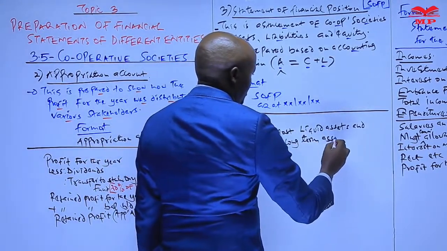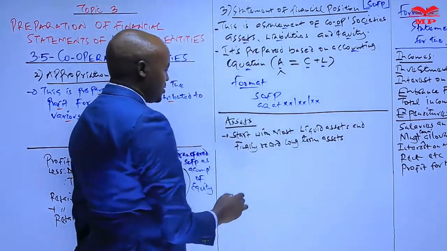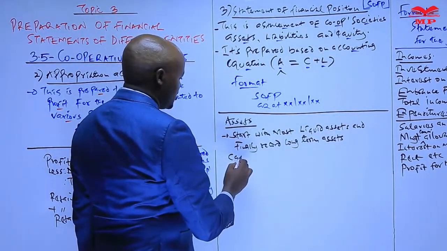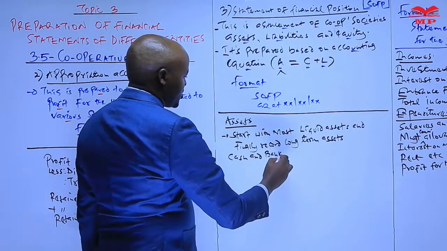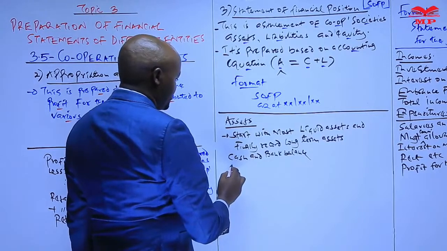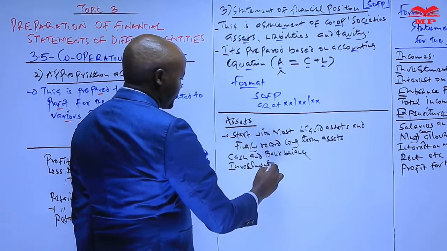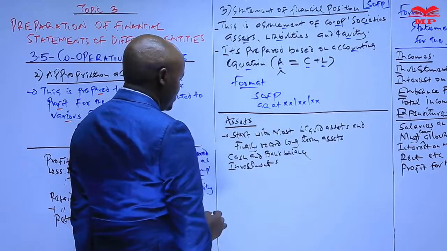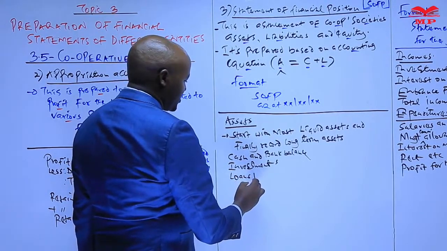Long-term assets. Meaning that here we start by recording things like the cash and bank balance, and then next we record investments. We also record things like loans to members.